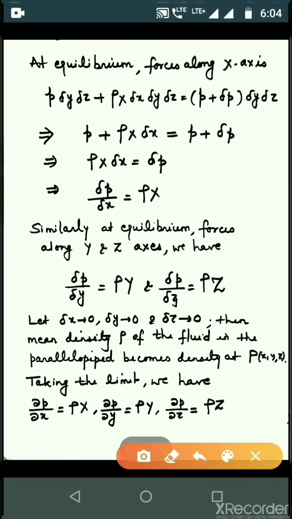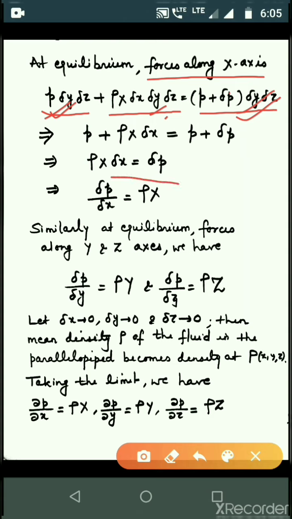So at equilibrium, the forces along the x-axis are given by p delta y delta z plus rho X delta x delta y delta z equal to (p plus delta p) delta y delta z. That means the pressure difference balances the external force.